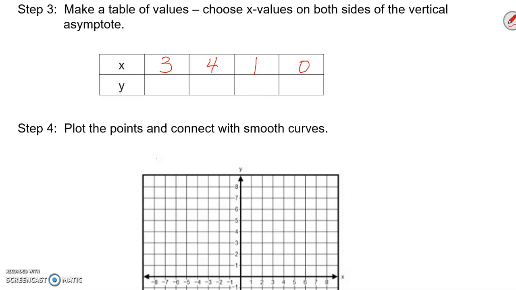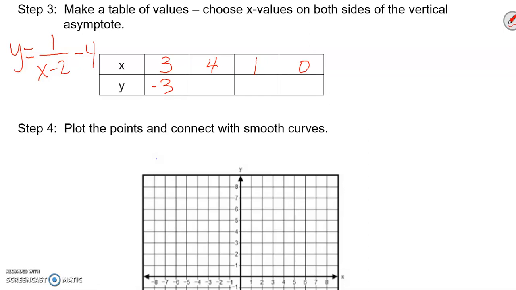So when we plug that into our equation, to remind you, it was y equals 1 over x minus 2 minus 4. So when we put 3 in there, we get 1 over 3 minus 2, which is 1, so 1 over 1 minus 4. So 1 minus 4 is -3.